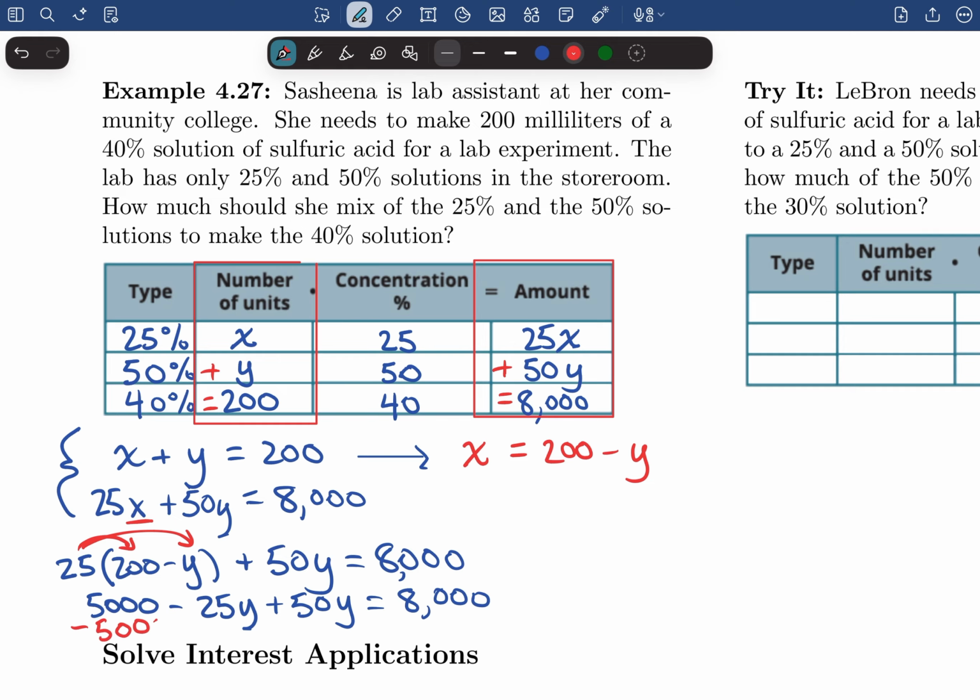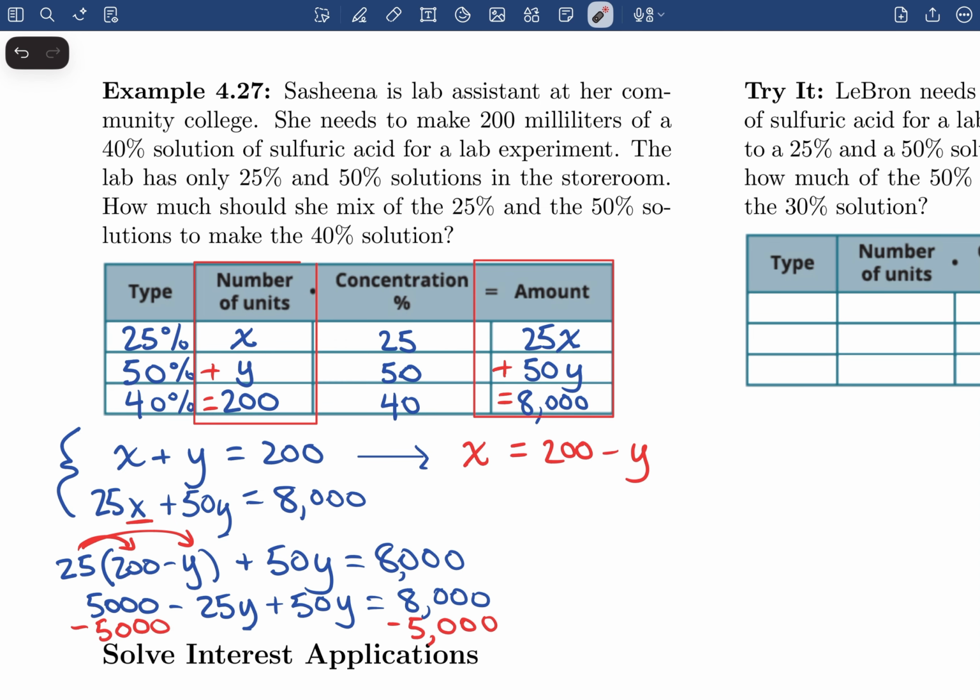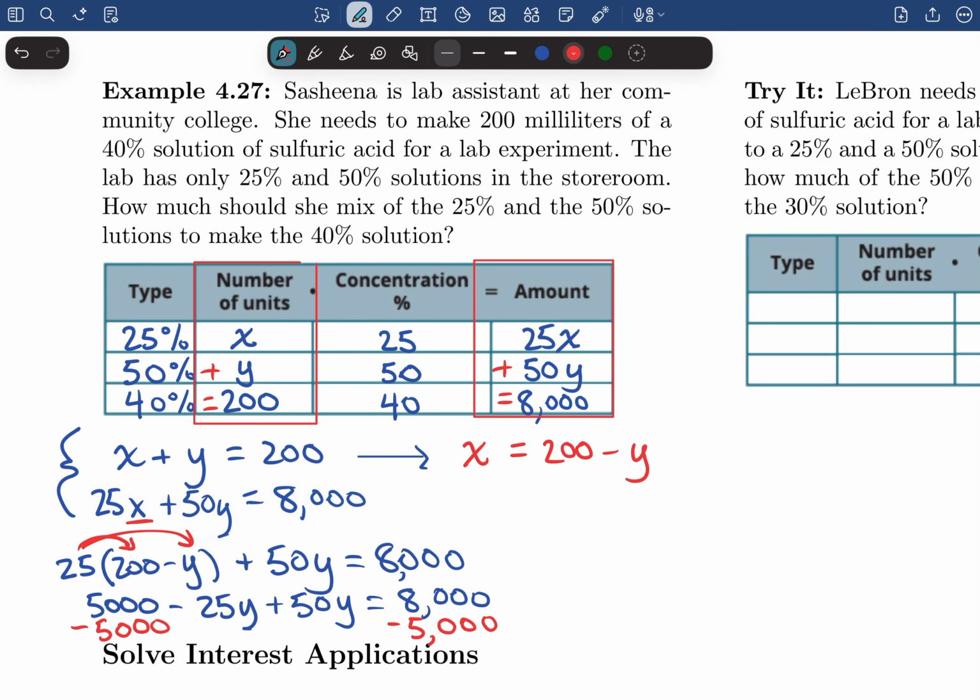I might as well subtract the 5,000 from left to right, and then I'm going to combine my terms with y in them. Negative 25y plus 50y gives me 25y total. So I have 25y equals 8,000 minus 5,000, which is 3,000, and then dividing by 25. I now have found what y is. Y equals, well, that's 120.